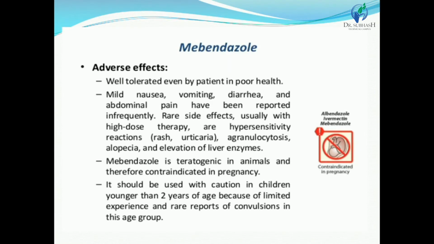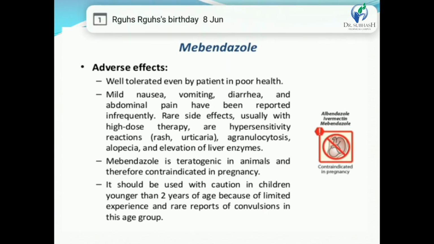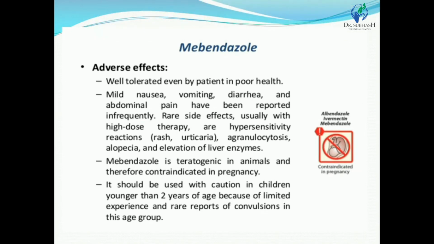While coming to the adverse effects, for mebendazole, albendazole, and ivermectin, generally they are well tolerated even by patients in poor conditions. They may produce mild nausea, vomiting, diarrhea, and abdominal pain.